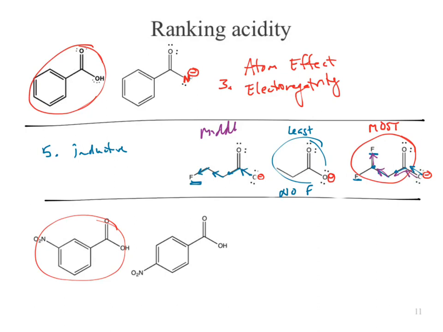Meaning, even more so are the electrons drawn into the structure. Does that make it more or less stable? Makes it a more stable conjugate base, which means stronger acid. So I agree. That will be the most acidic, followed by the one on the far left, followed by the one in the middle. That ranking is good.